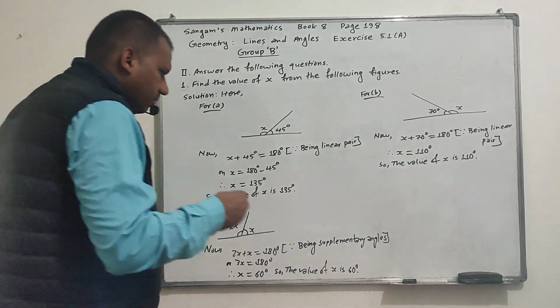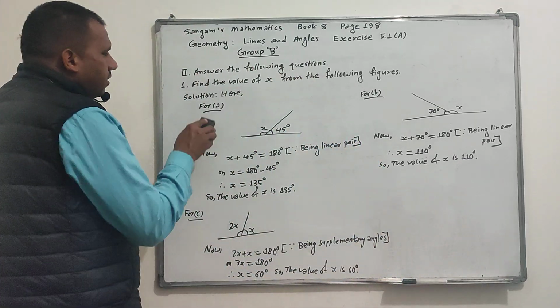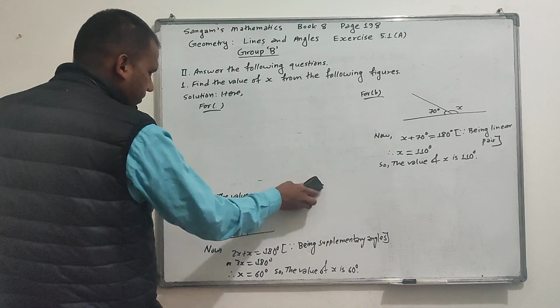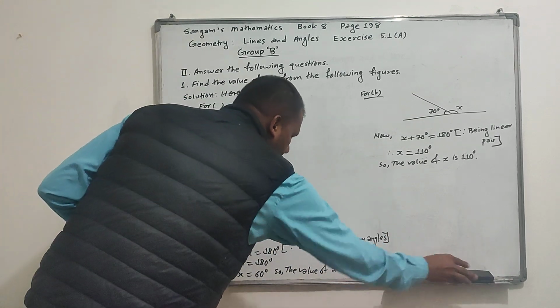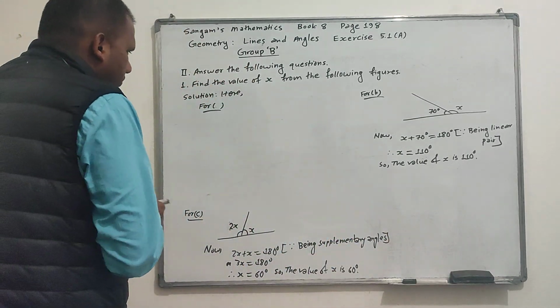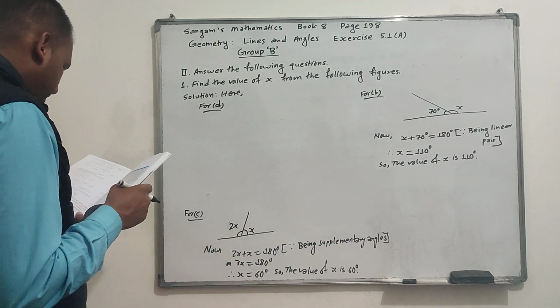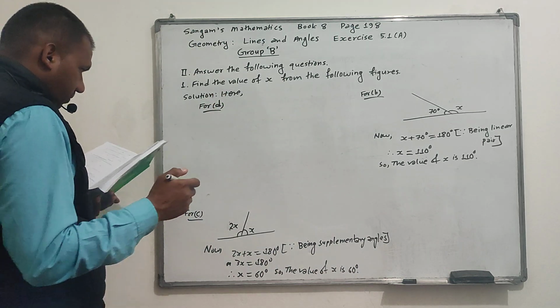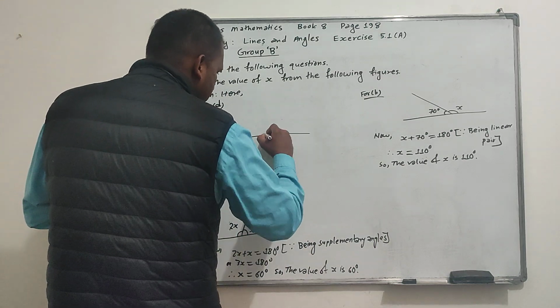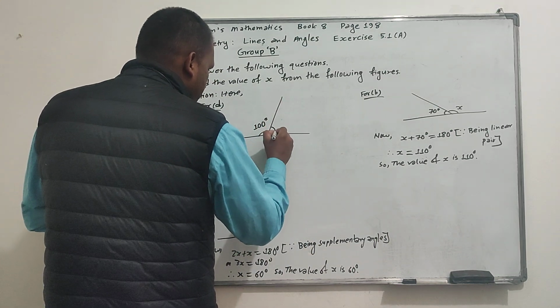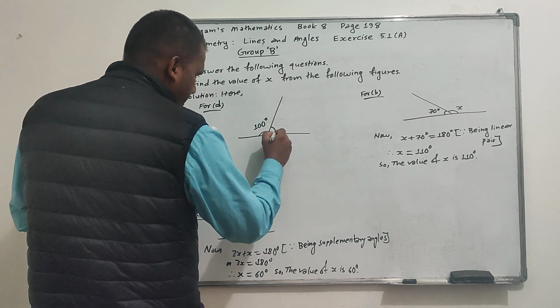Now for D, we have the figure 100 degrees and 6x minus 40 degrees. First angle 100 degrees, second angle is 6x minus 40 degrees.